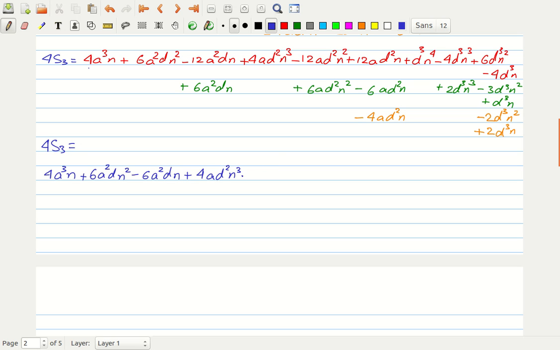This is minus 12 and plus 6, so minus 6a d square n square. This is plus 12 minus 10, so plus 2a d square n.